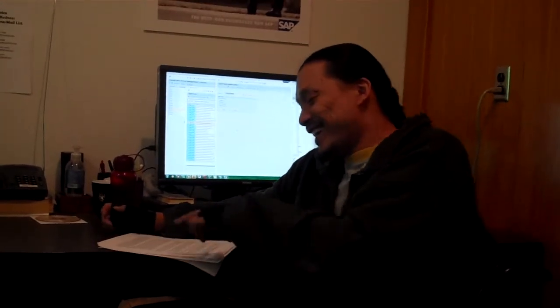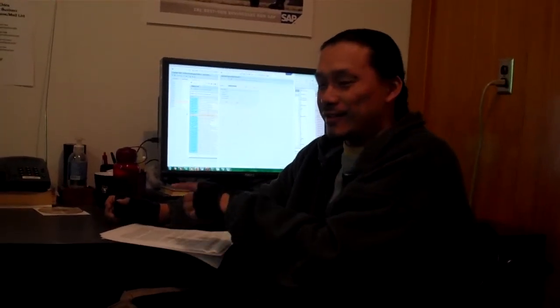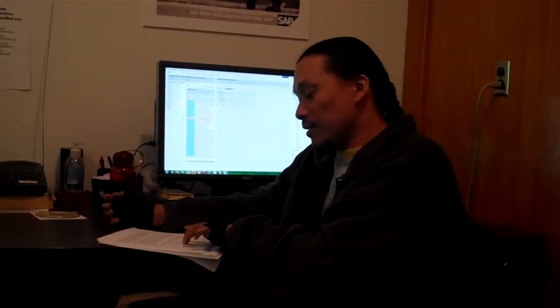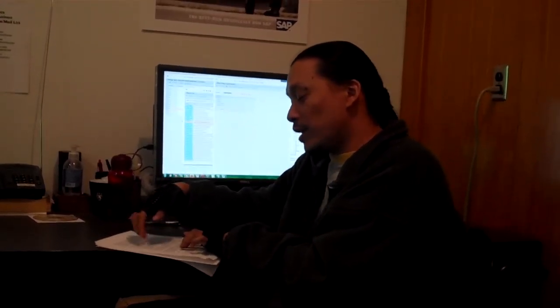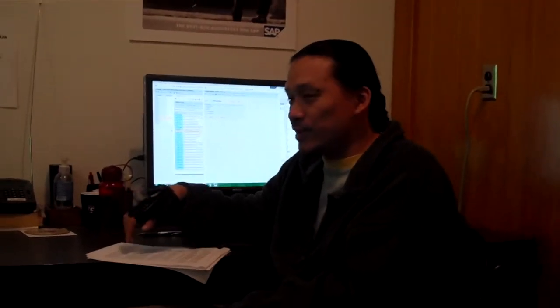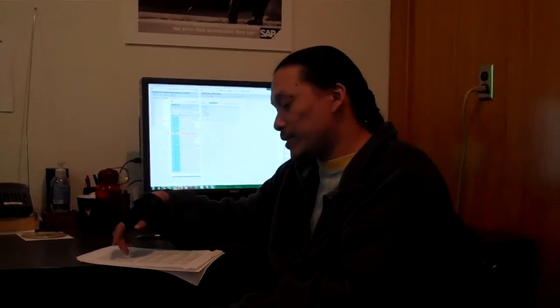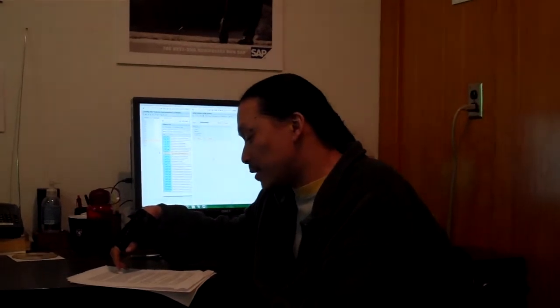You don't have to write that down. If a user was trying to edit a cross-client table using those transactions, then they wouldn't be able to do the activities. But there are other ways to edit cross-client tables, and this only protects it when you're running those transactions. So it's only for that one specifically.